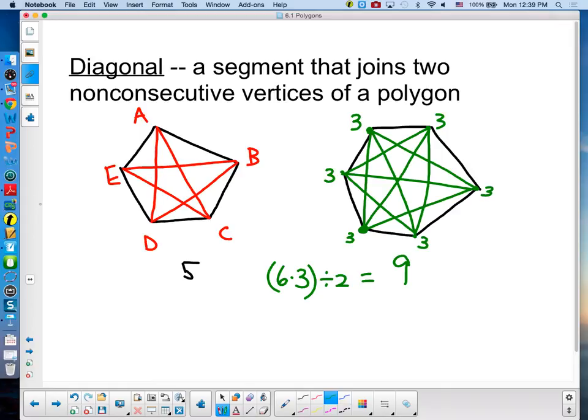So draw a 7-sided, try not to make it cave in, makes it confusing. Try and get it to go out. If you can figure out how many diagonals from one corner, we can figure out how many total diagonals there are. 7 sides to start with.